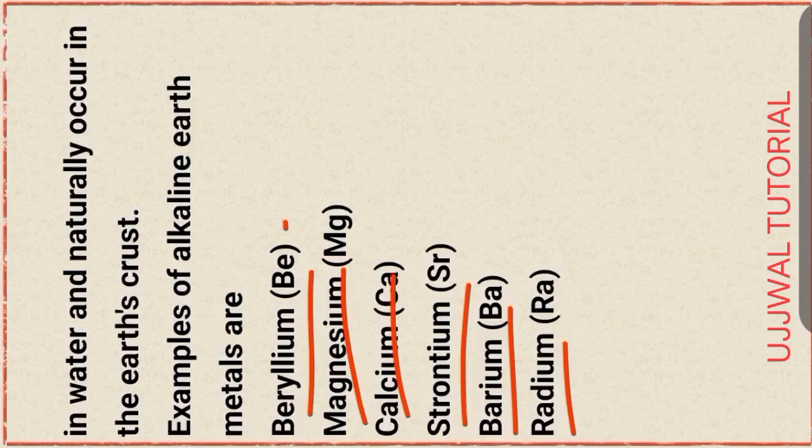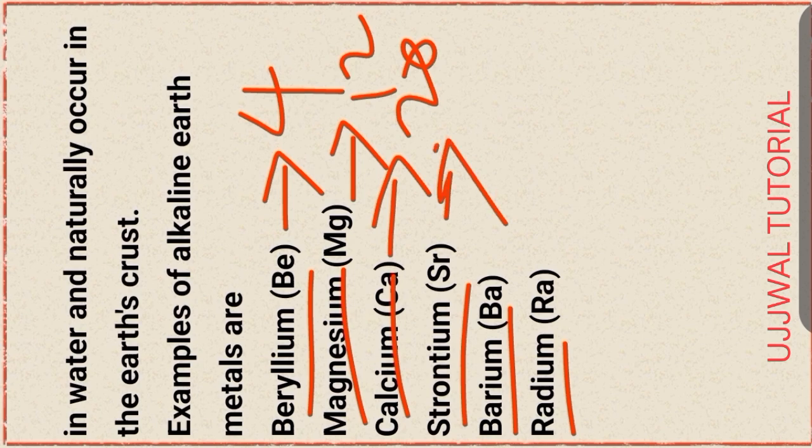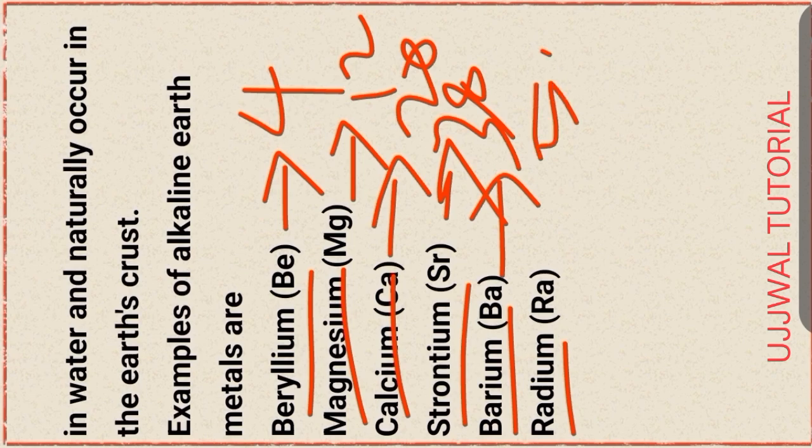Atomic number of beryllium 4, adding 8, atomic number of magnesium 12, adding 8, atomic number of calcium 20, adding 18, atomic number of strontium 38, adding 18, atomic number of barium 56, adding 32, atomic number of radium 88.